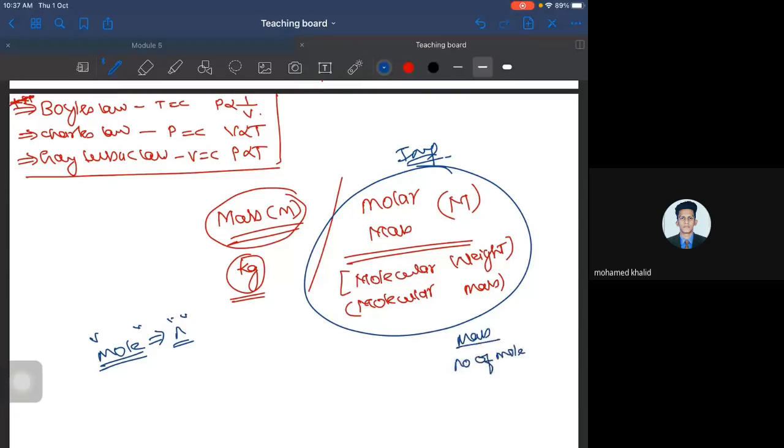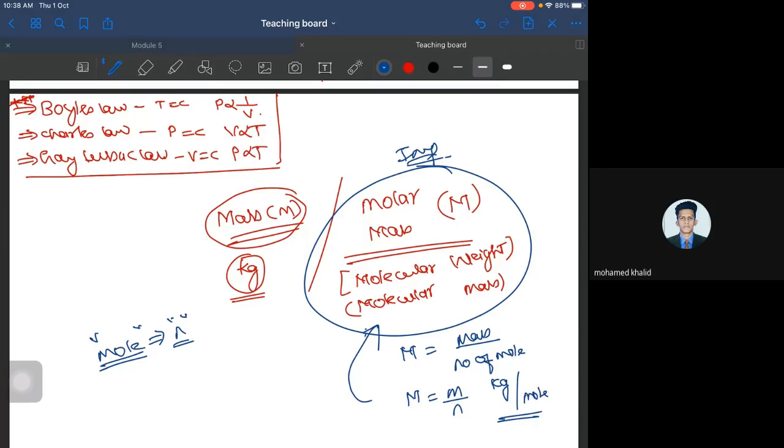That is your capital M. That means capital M is equal to small m divided by n. The unit of m would be kgs and n is in number of moles, so you can write it as kg per mole. So kg per mole is the unit of the molar mass.